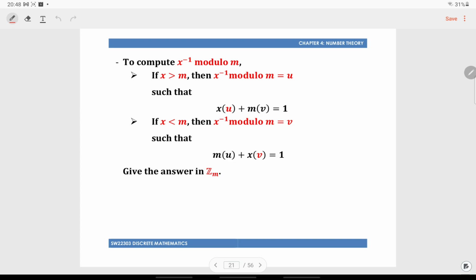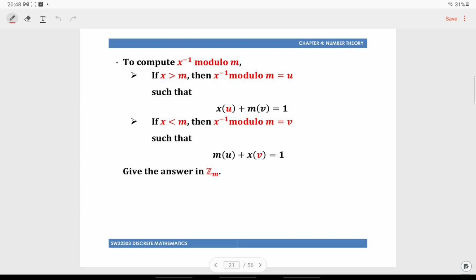So now we move to the steps, the steps for how we can find the multiplicative inverse. To compute the multiplicative inverse of x modulo m, we need to consider the values of x and m.